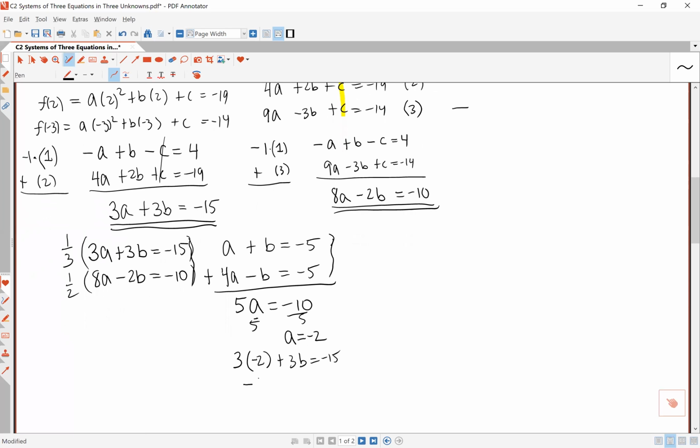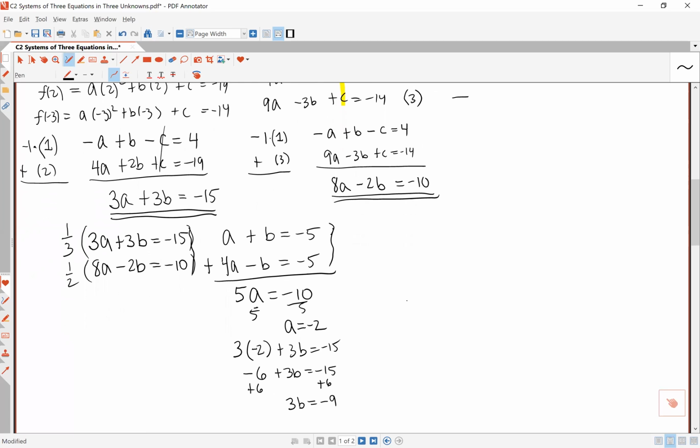That's negative 6 plus 3b is negative 15. Adding 6 to both sides gives me 3b equals negative 9, or b is negative 3.